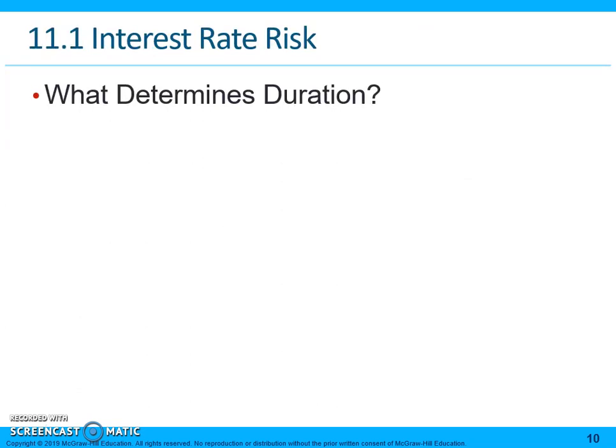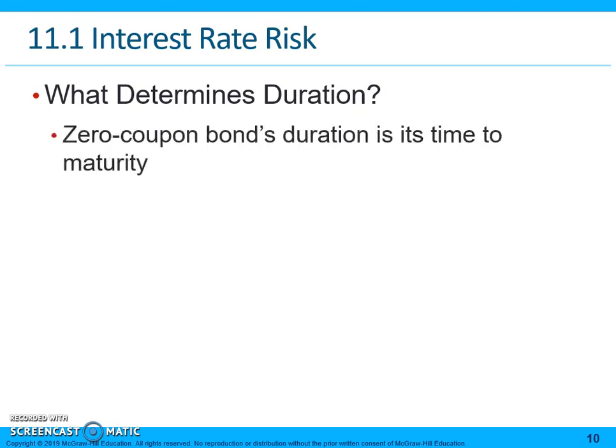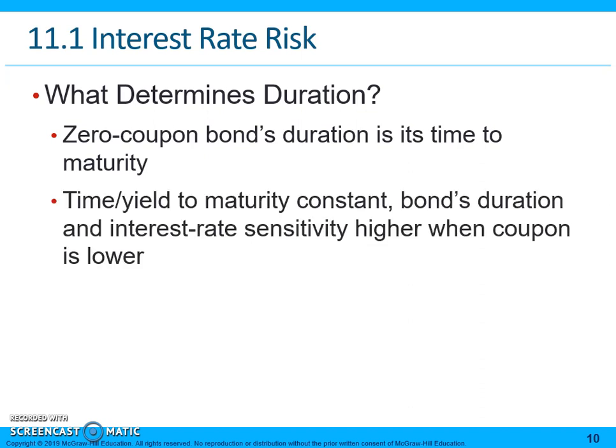So what determines duration? We talked about some of these at the beginning of the chapter. For a zero coupon bond, it is its time to maturity. So a 10-year zero coupon bond has a duration of 10 years. We saw the 3-year had a duration of 3 years. That doesn't change. If we hold time to maturity constant, a bond's duration and interest rate sensitivity are higher when the coupon is lower.